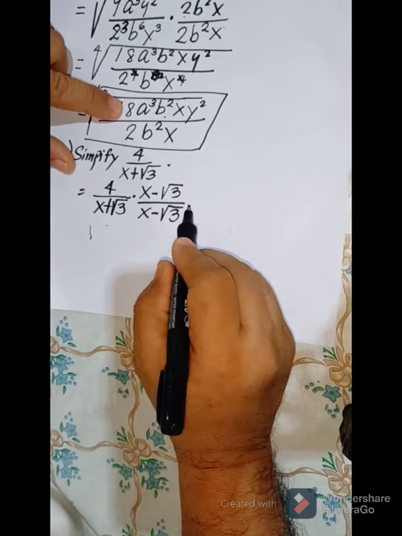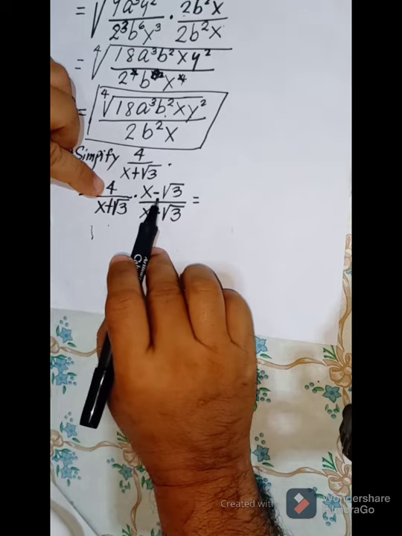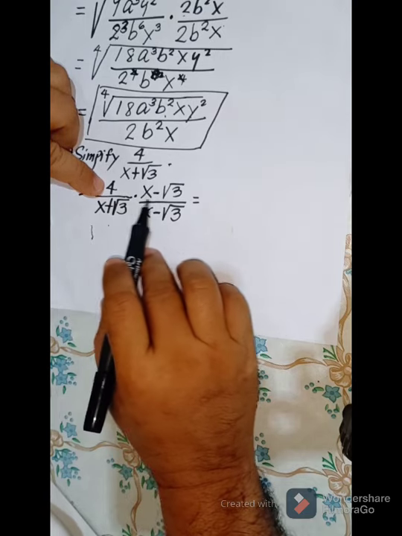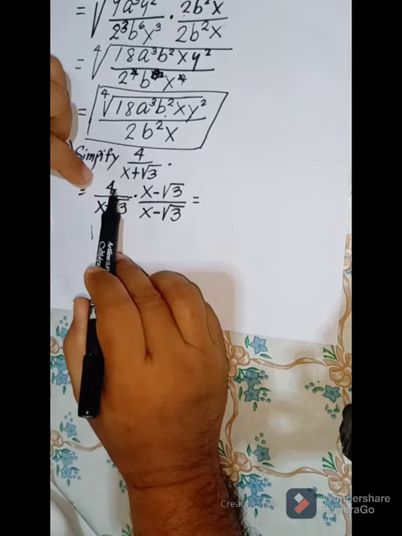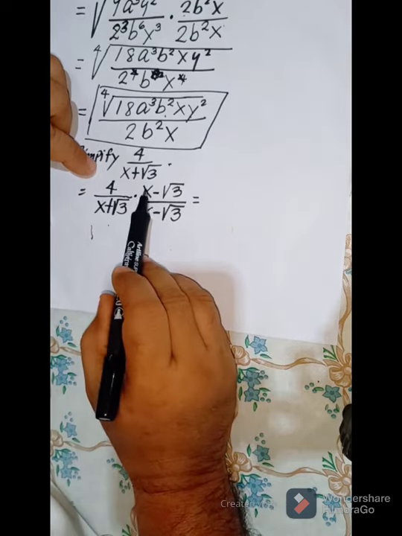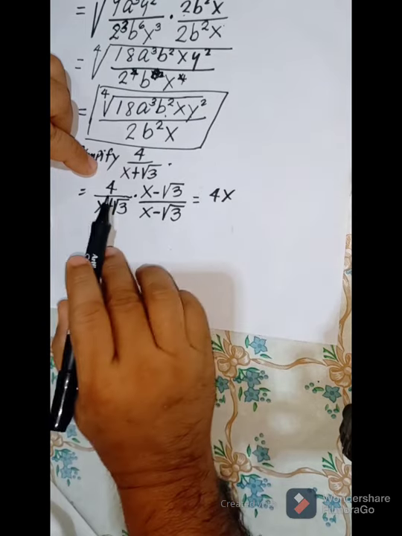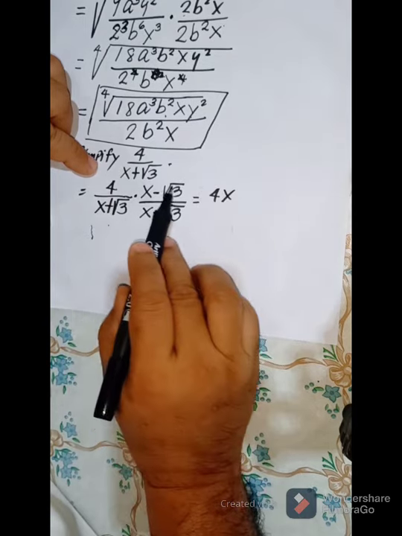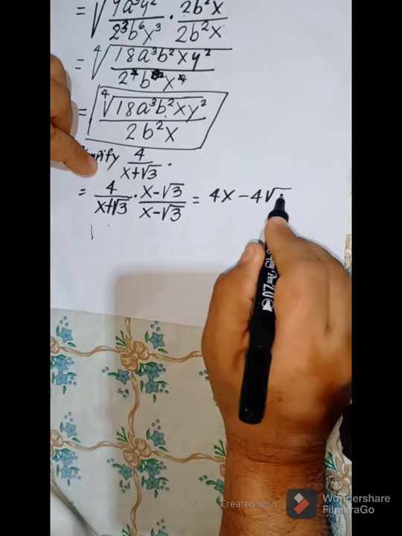So, we multiply 4 and x minus square root of 3 by distributive property. First, 4 times x is 4x. Then, 4 times negative square root of 3 is negative 4 square root of 3.